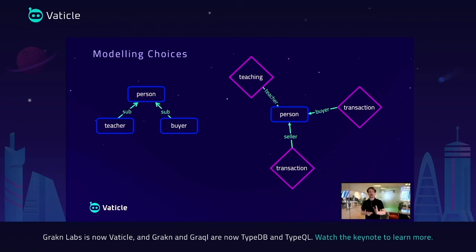So instead, we actually need the right-hand side model in this case, where we're saying a person is a buyer because we're aware that they took part in a transaction. They could also be a seller. They could also be a teacher. And how does this look when we actually have an ML model that's processing this? Well, the encoding of the types happens on the edges, as well as on the nodes.